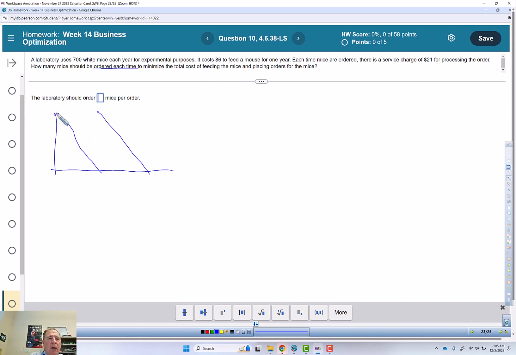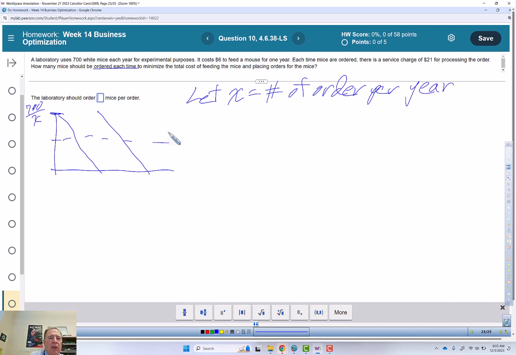So our number of mice after an order, 700 over x, is going to be our final order, and we're going to let x equal the number of orders per year. And our average inventory, because we're assuming a linear use rate, is going to be 700 over 2x, and that's going to be 350 over x.